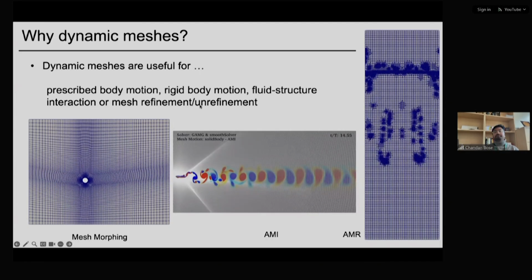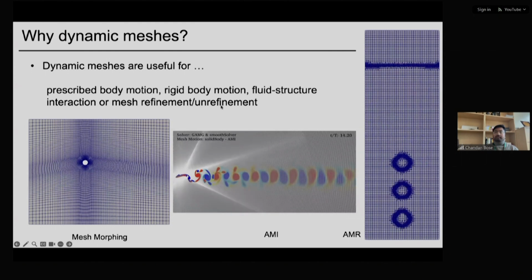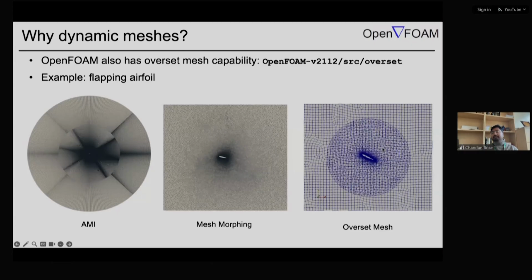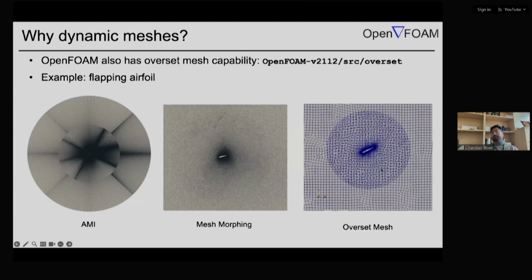All right. So going forward, as I briefly mentioned, OpenFOAM also has an overset mesh capability. And that can be seen in the animation in the rightmost part here, where the same problem of the pitching airfoil has been implemented in three different approaches.